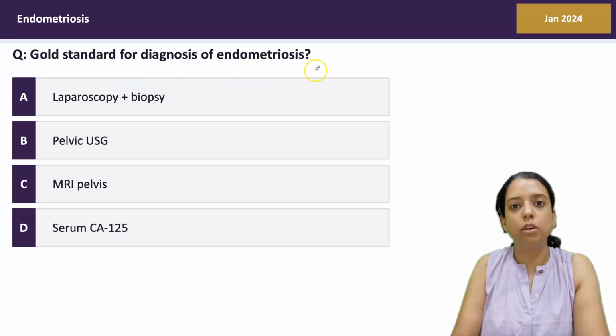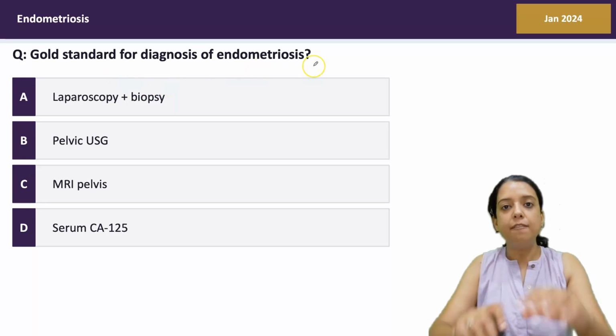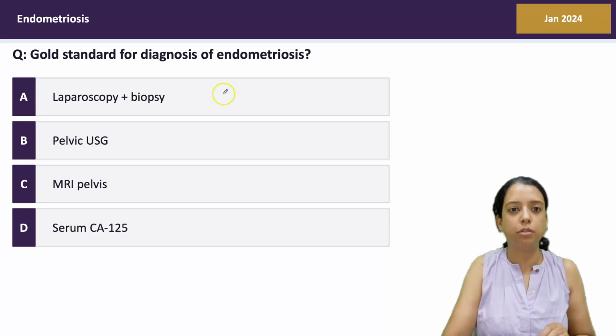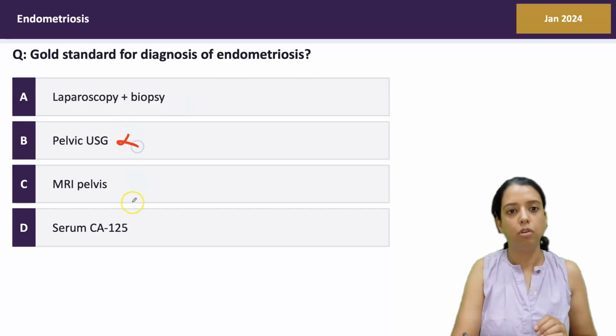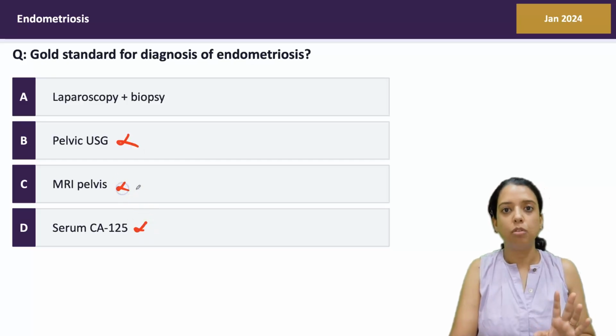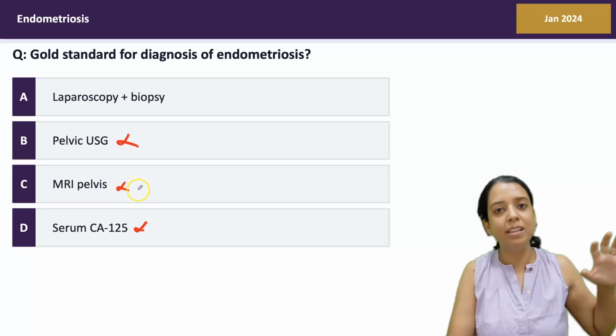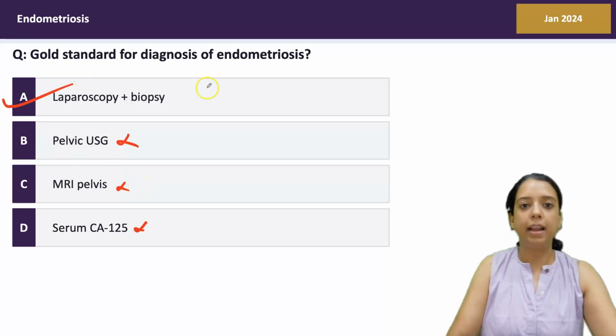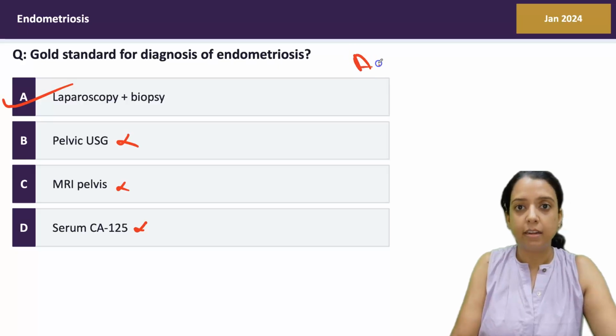Gold standard for diagnosis of endometriosis. Everything is happening outside the uterus. Small microscopic lesions outside the uterus. Can you see them on ultrasound, CA125 and MRI? Laparoscopy. Go inside, see those nodules, take a biopsy. Again, just revise.